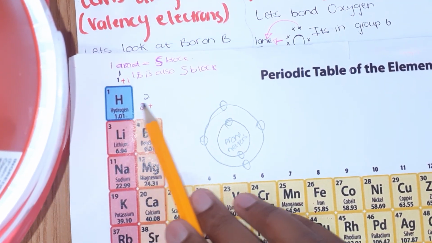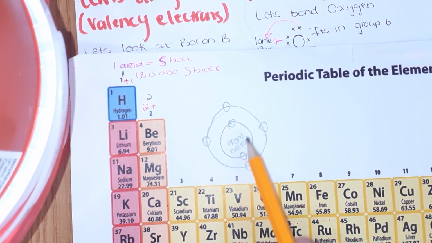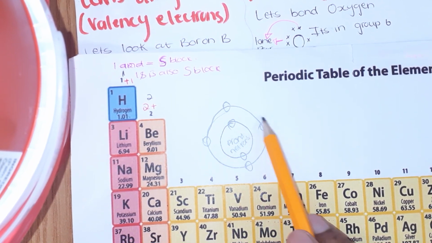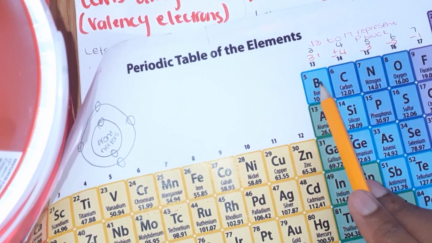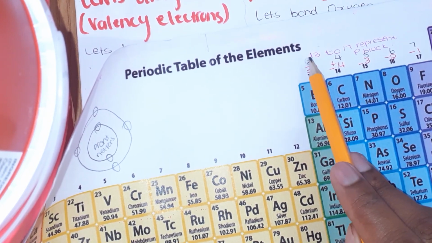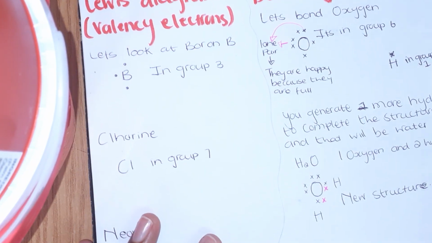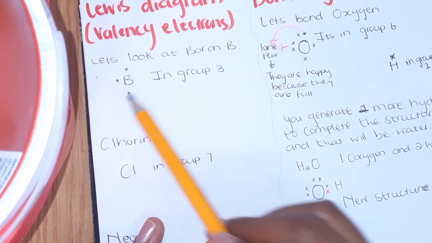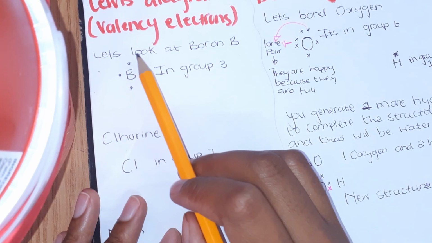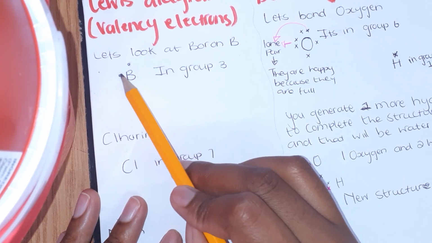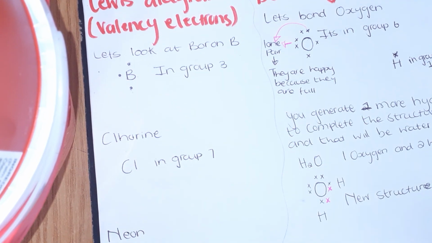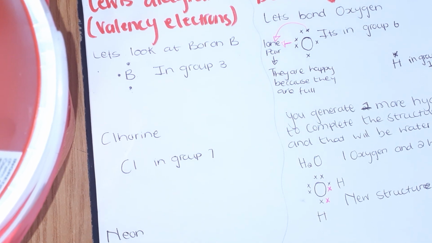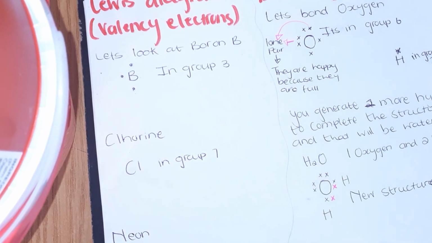The ones at the first row are electrons, but we need the valencies, the ones outside. So it's in group 3, which means it needs to have 3 valency electrons like that. You can start here, go this side, or start here, go that side. Do whatever your teacher has told you to do.